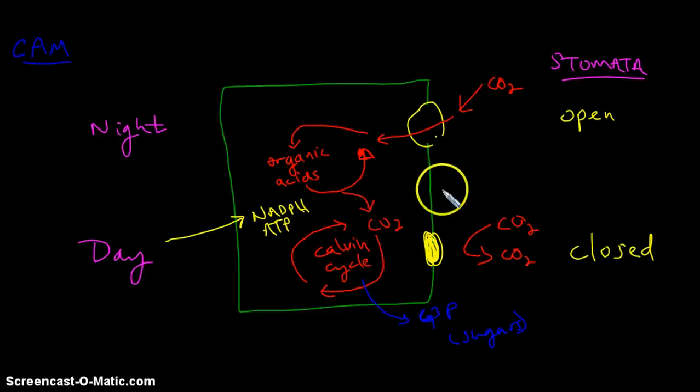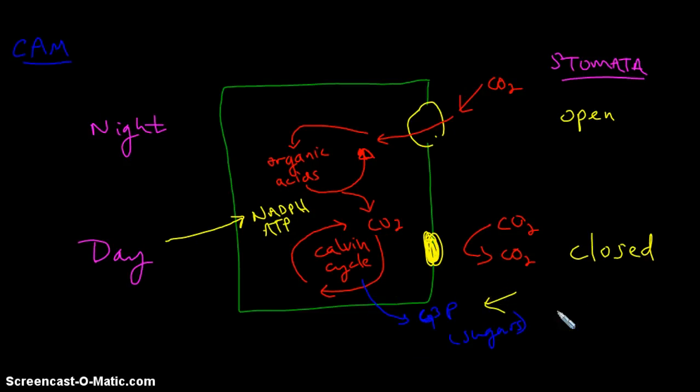During the daytime, when the plant is more apt to lose water, stomata are closed, which prevents CO2 from entering, but you can take carbon dioxide from these organic acids and then use energy from the light reactions, NADPH and ATP, to convert CO2 into G3P or sugars.